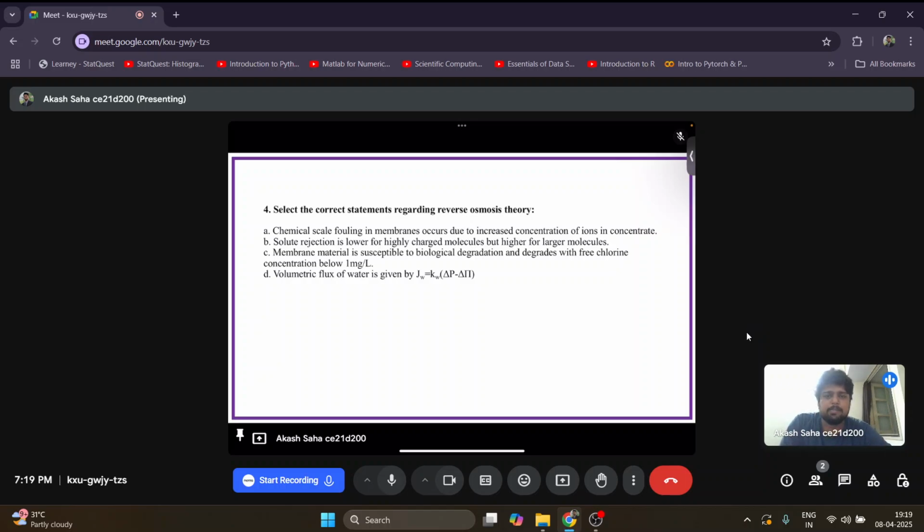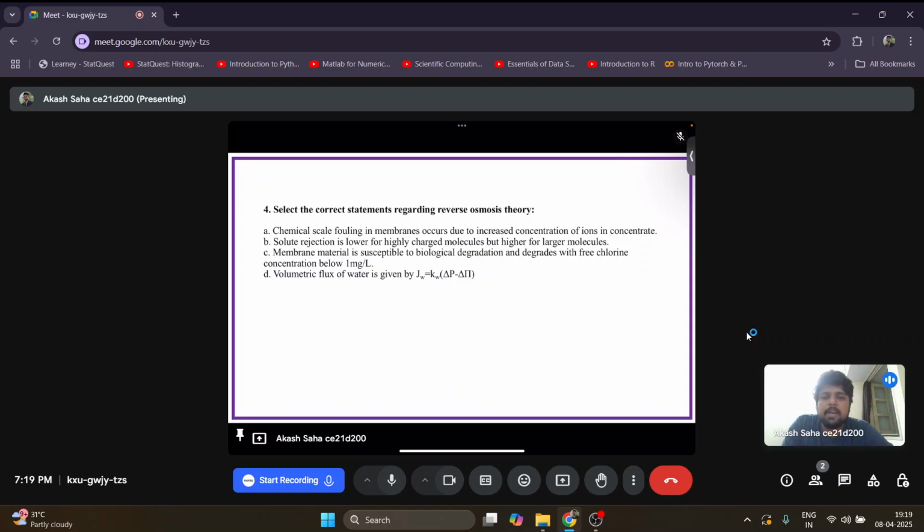Select the correct statements regarding reverse osmosis theory. So here we are to discuss the reverse osmosis theory. First, it says that chemical scale fouling in membranes occurs due to the increased concentration of ions in concentrate. Solute rejection is lower for highly charged molecules but higher for larger molecules.